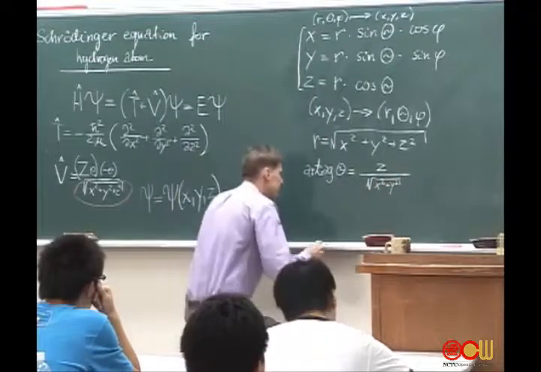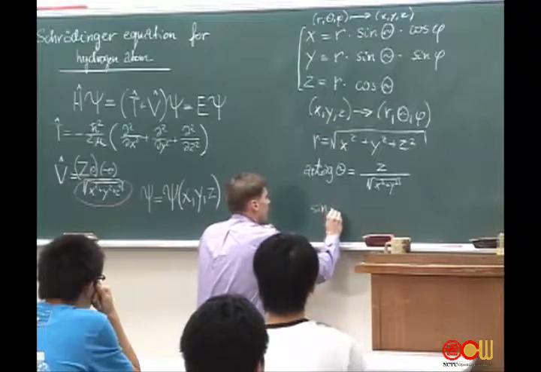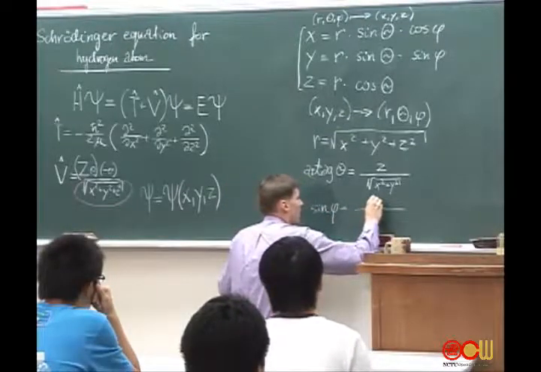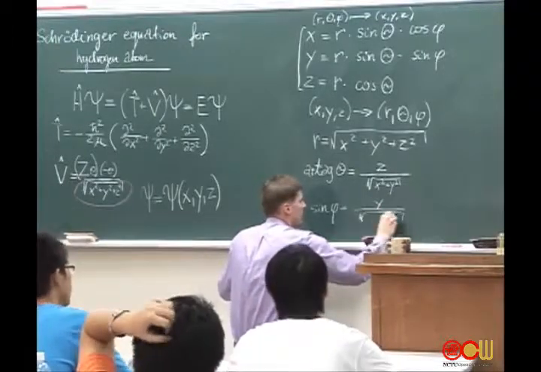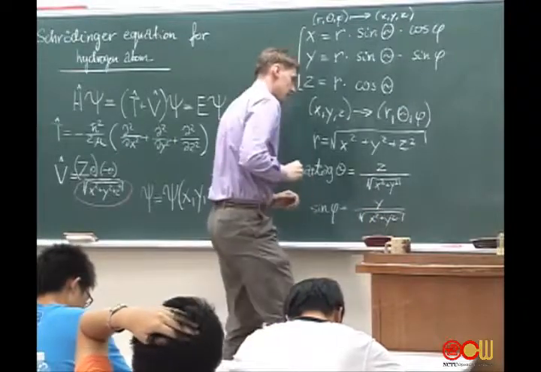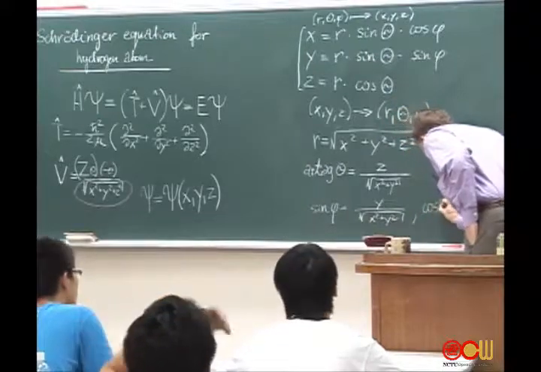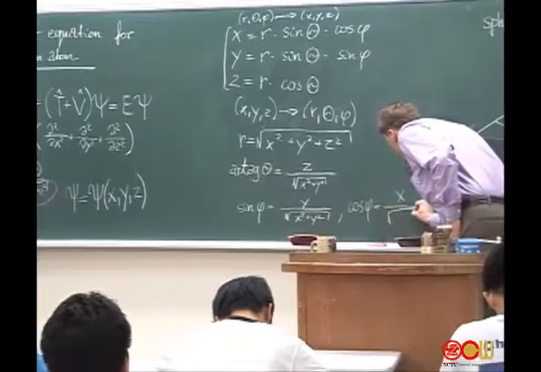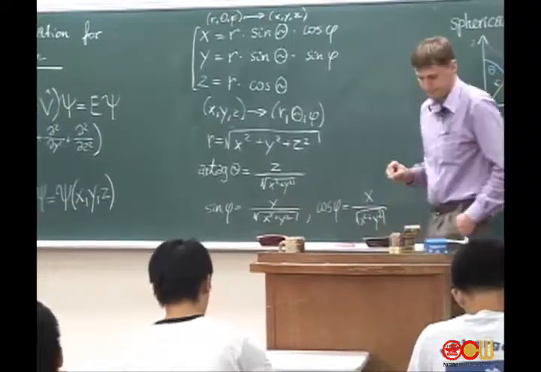And you can also find the other one, saying that sine of phi is equal to y over the square root of x squared plus y squared, and the cosine of phi is equal to x over the square root of x squared plus y squared.